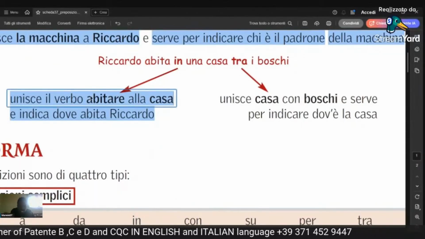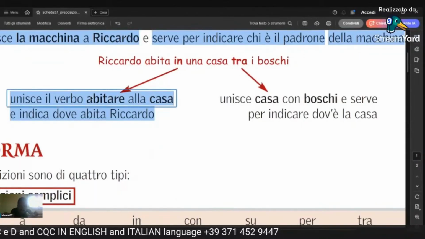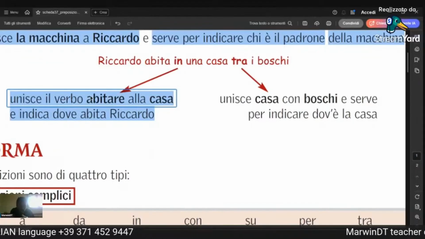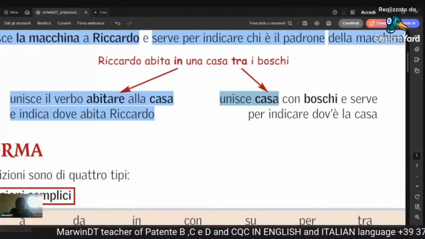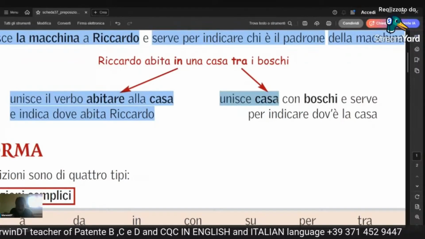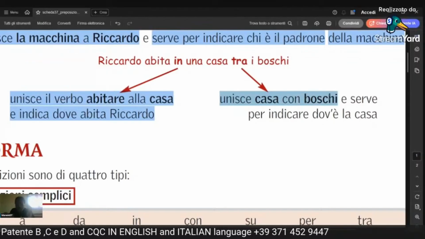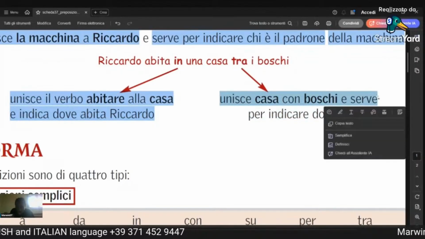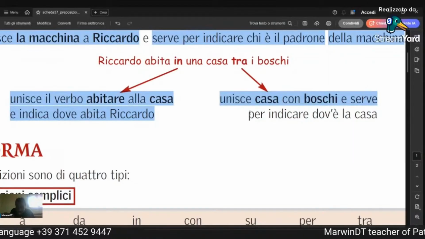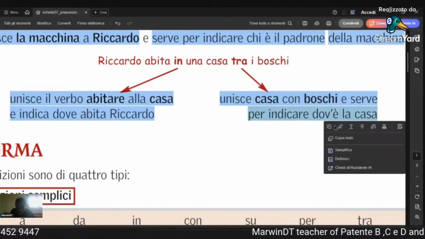Now, tra is uniting la casa, the house, with i boschi, to indicate where specifically Riccardo lives.